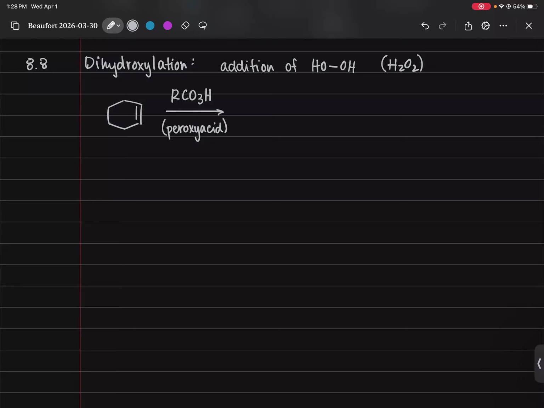Then we add a peroxy acid. Okay, as a reminder, our CO2H is a carboxylic acid. If we add an additional oxygen into the mix, we get a peroxy acid.